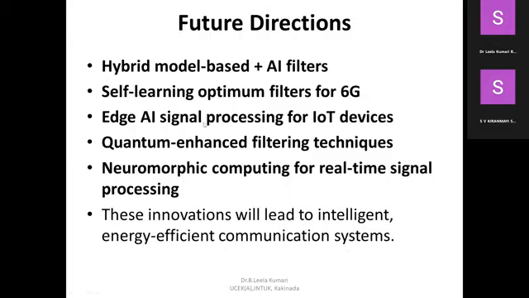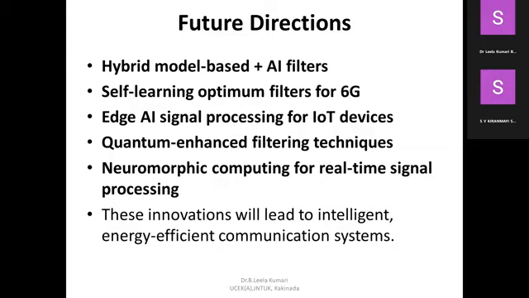And these are the future directions. The future of filtering lies in combining classical methods with AI. Classical methods are not actually obsolete. We'll get better results when we fuse them with AI. Hybrid AI model-based filters can leverage both the theoretical guarantees and learning capabilities.